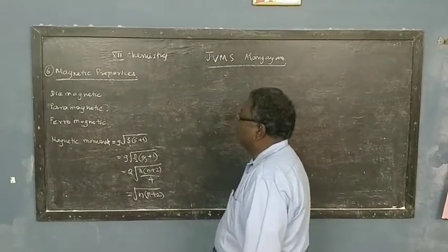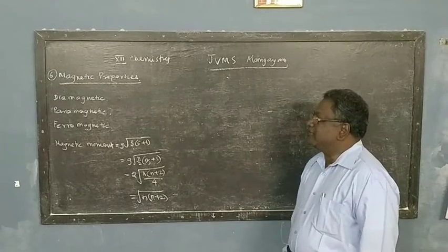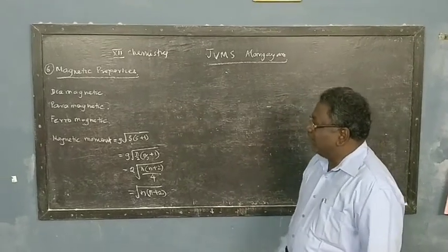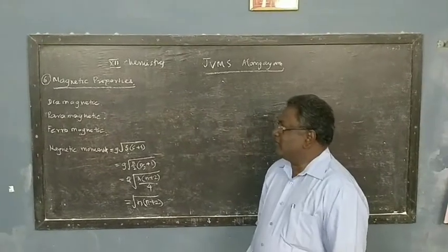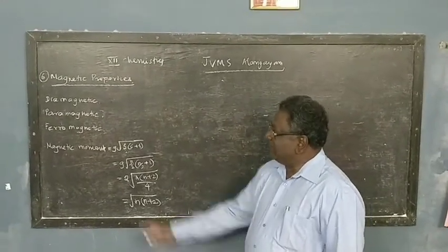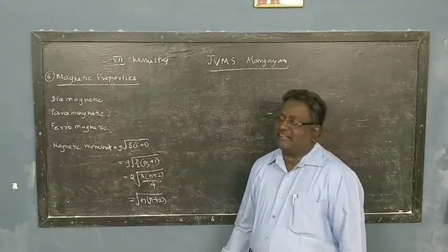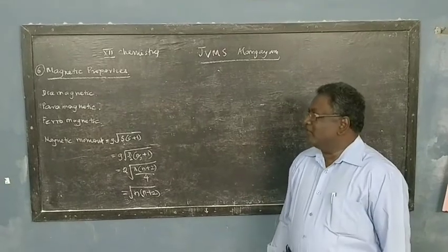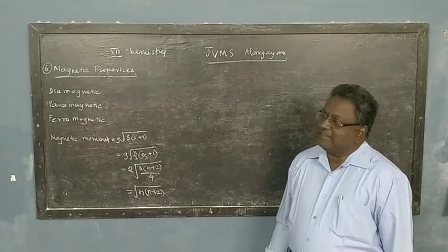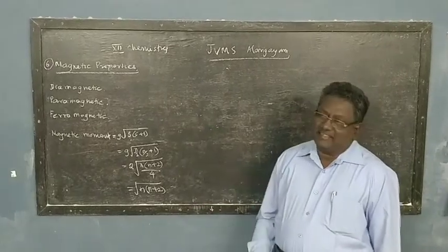Almost all the transition metals from group 3 to group 12 have paramagnetic character, right? There are 3 types of magnetic characters which we will study in detail in physics. But in a crisp way, we should know what is diamagnetic, what is paramagnetic, and what is ferromagnetic.